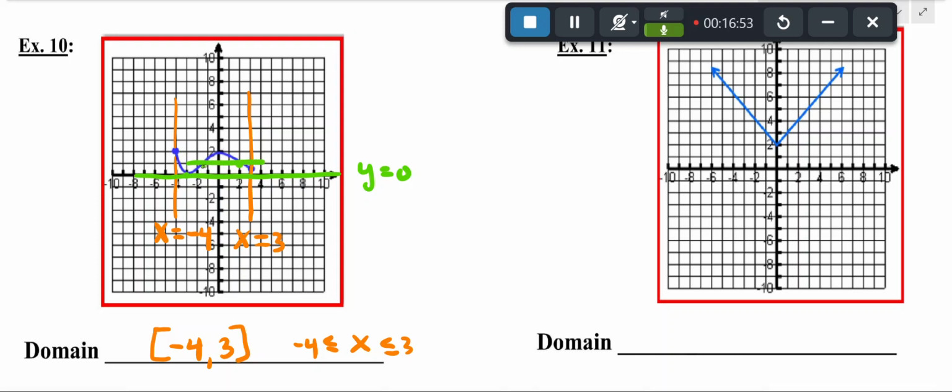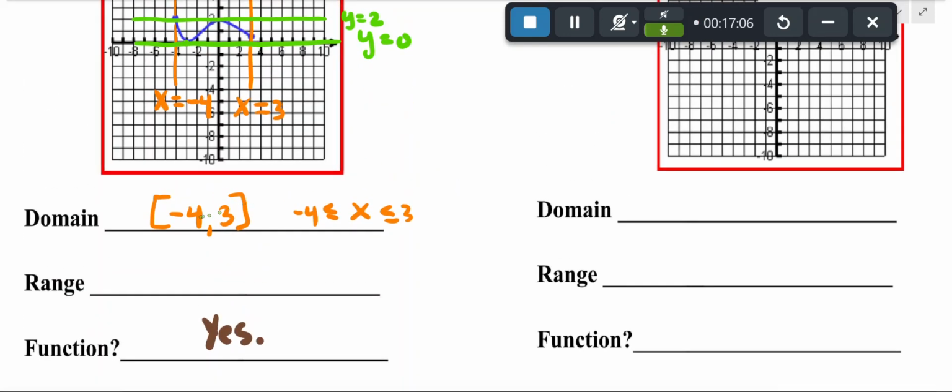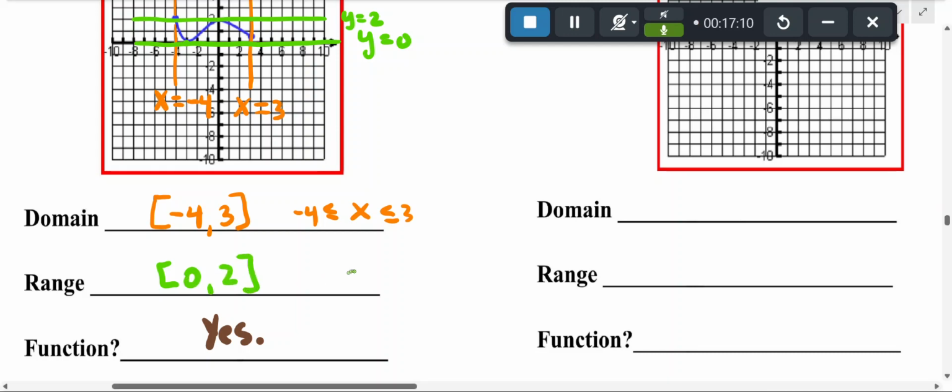In fact, you're touching this one. It doesn't matter how many times you touch in horizontal lines. The last one is this one. And that's y equals 2. Okay. So your range goes from 0 to 2. And remember to switch the variable when you're doing range, you're using y. Less than or equal to 2, greater than or equal to 0.